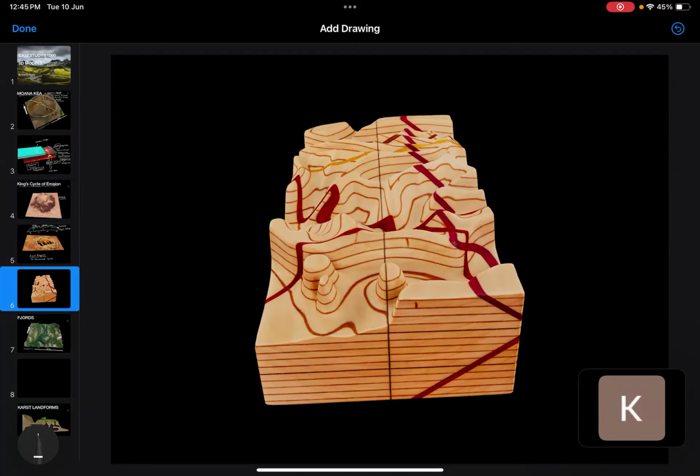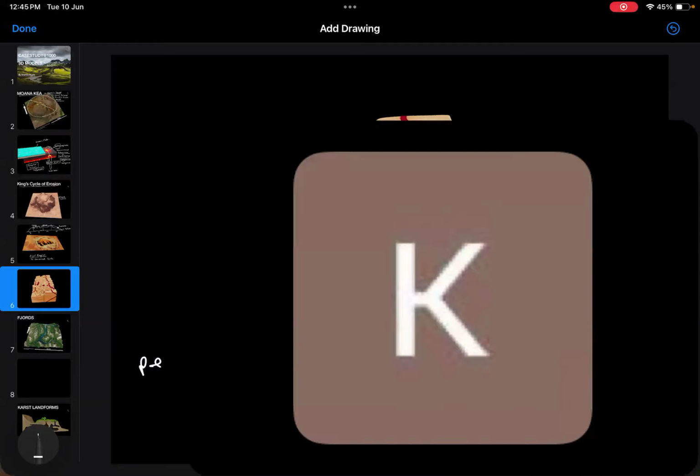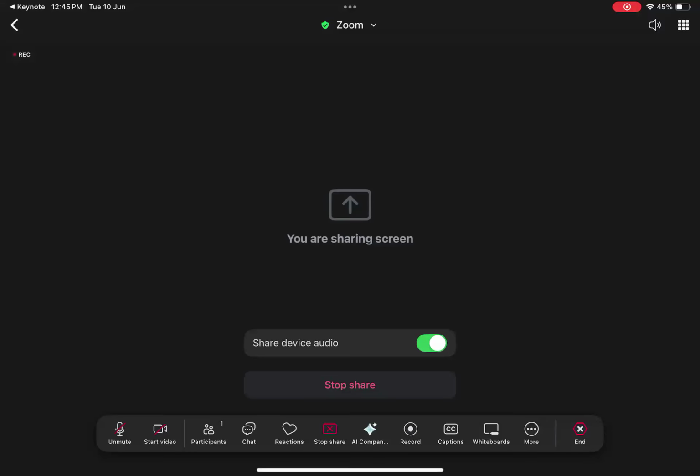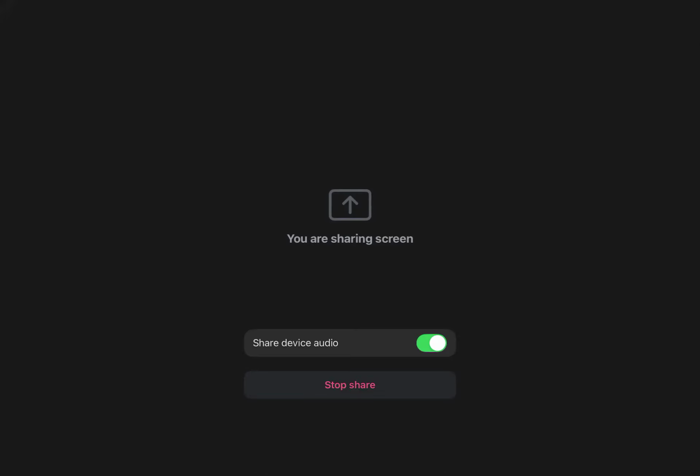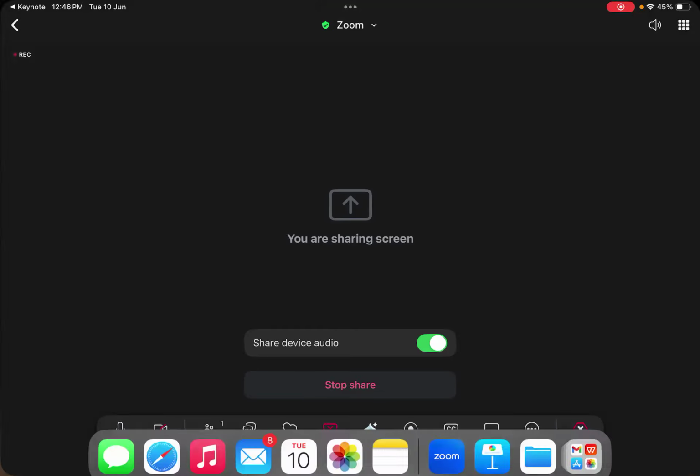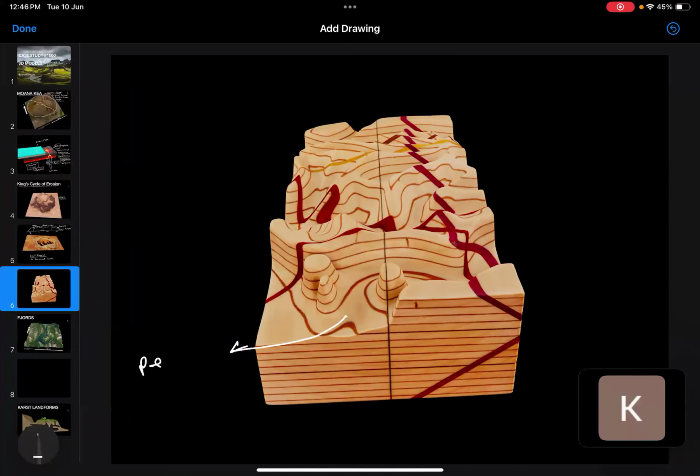Okay, this is pediplain. This is Inselberg.